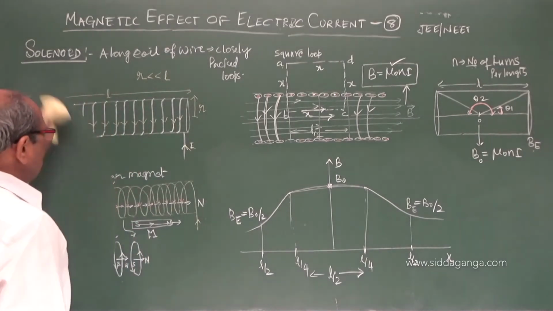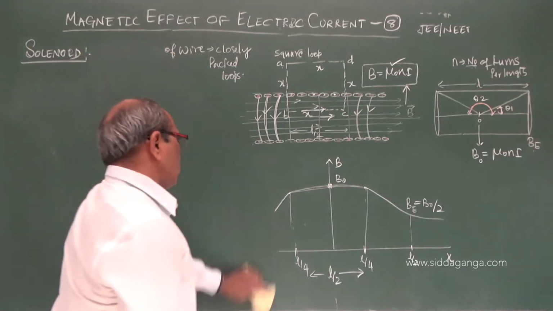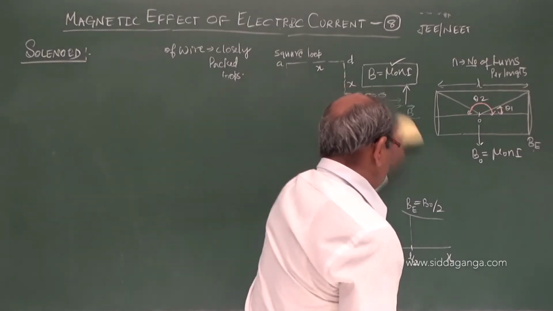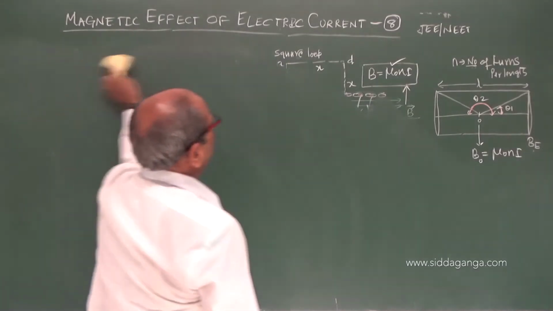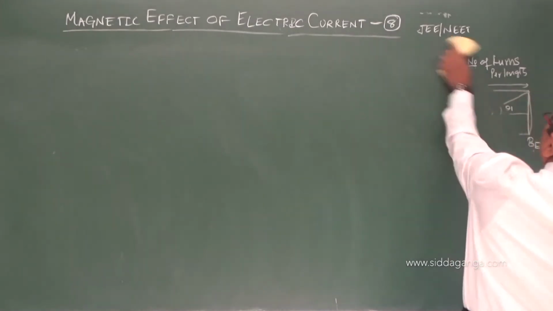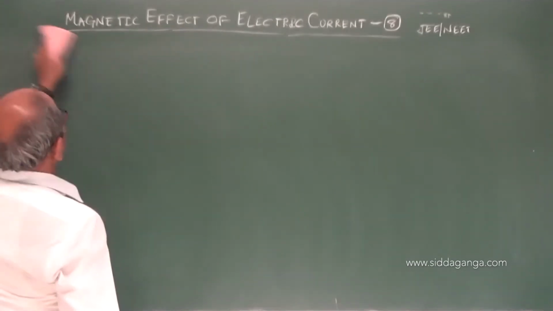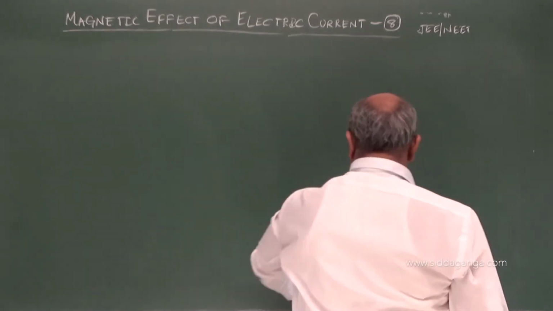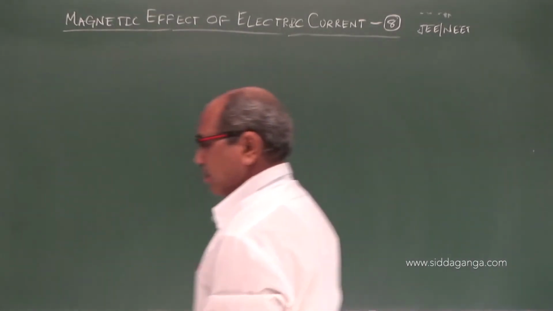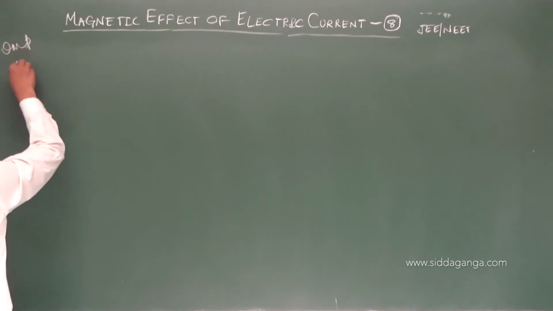Now this solenoid acts like a bar magnet. For the board exam, it is one of the most important questions that appeared in your previous papers, an important question for 5 marks.